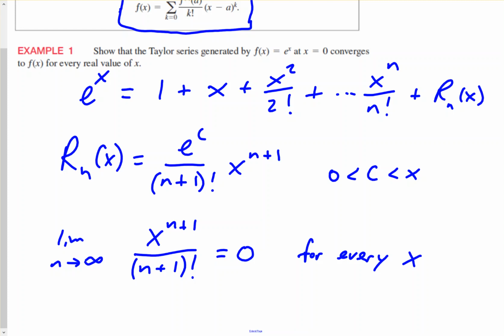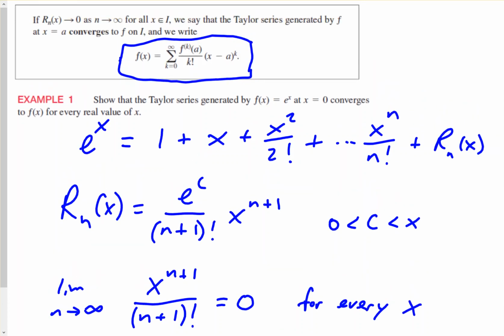And since this remainder function equals 0, as we have up here, if the remainder function approaches 0 as n approaches infinity, then we could write our function as what we have up here.